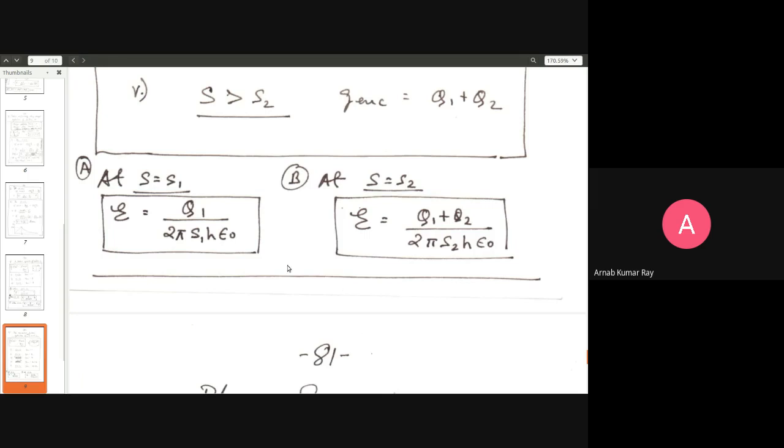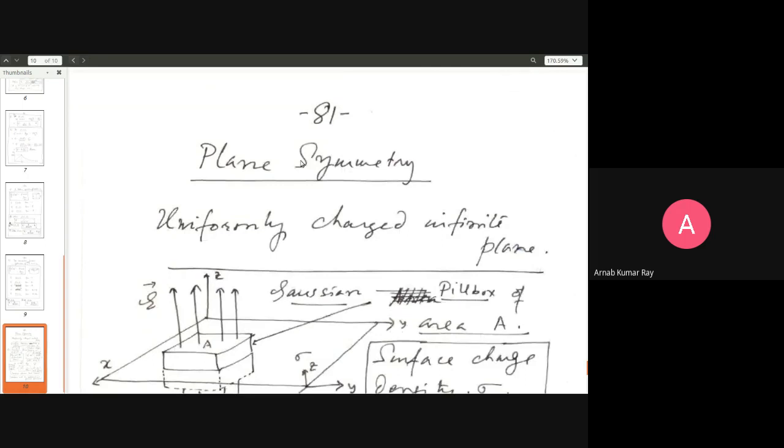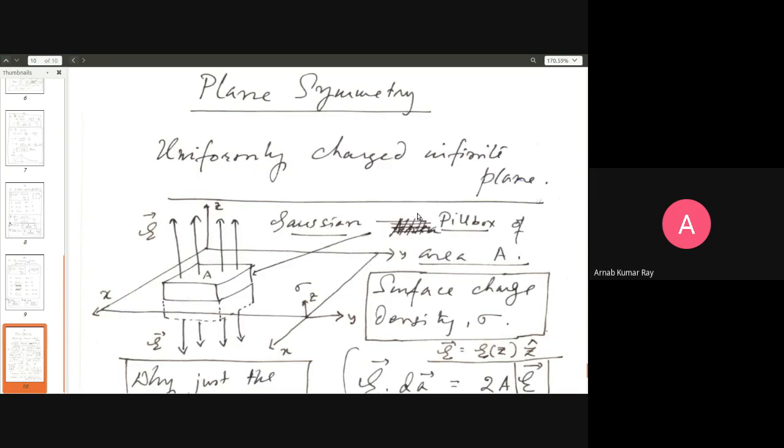We shall now look at the last case of symmetry, namely plane symmetry. Earlier you had charges on a spherical surface, inside a solid sphere, or charges on a cylindrical surface, an infinitely long cylinder, or charges within a solid cylinder. But now we have no such thing.